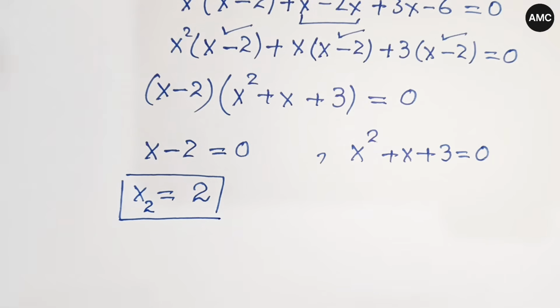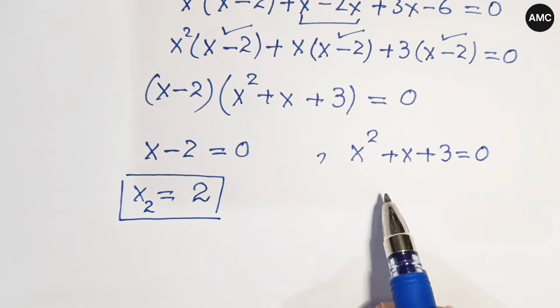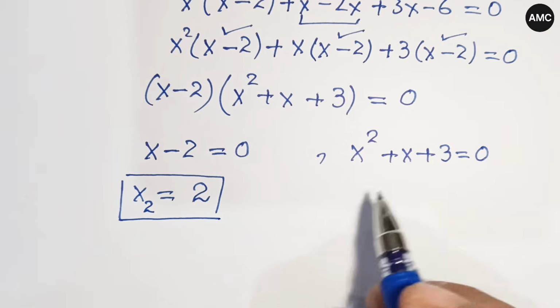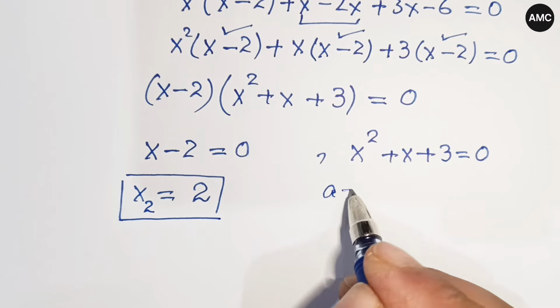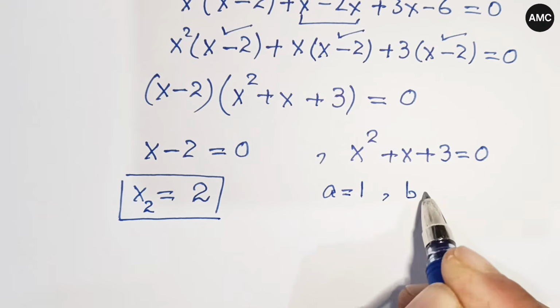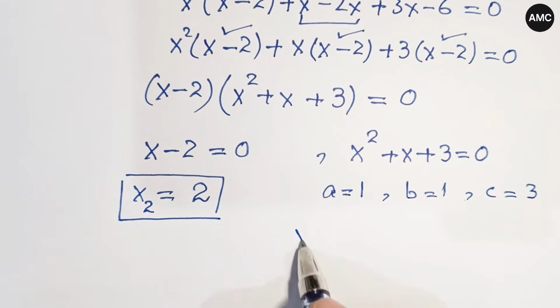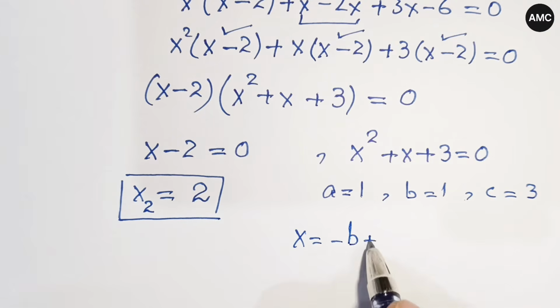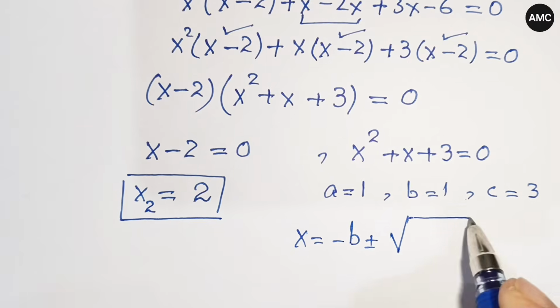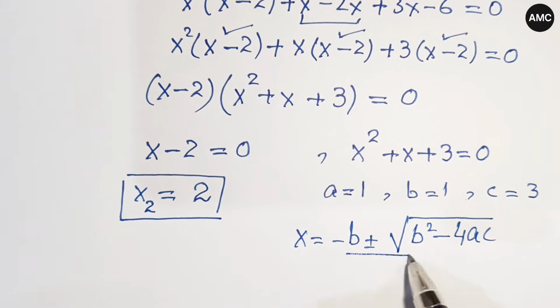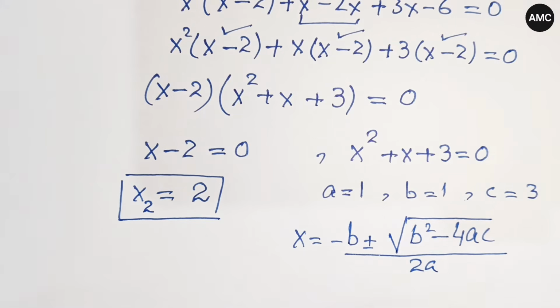So we have x2 is equal to 2. Now if we see this equation, it is a quadratic equation. So using the quadratic formula, the value of a is equal to 1, b is equal to 1, and c is equal to 3. So here x is equal to minus b plus minus square root of b squared minus 4 times a times c all over 2 times a.